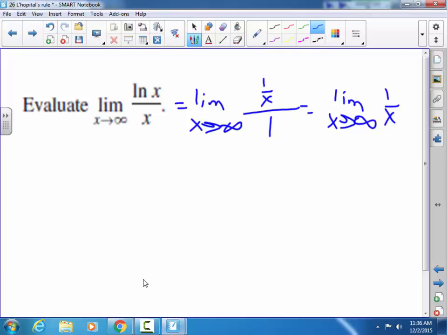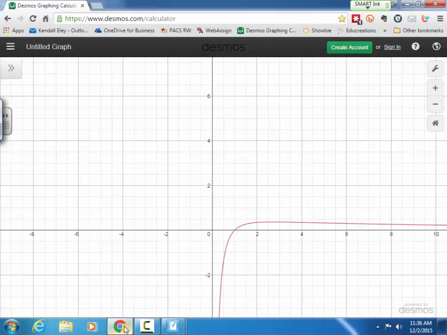Now, what do you get when you evaluate that? We've got a 1 in there, so we know we're going to get an answer out of it. What's 1 over a really big number? A really small number, which is the number 0. So we would think that the limit is going to be the number 0. Does our graph support that?